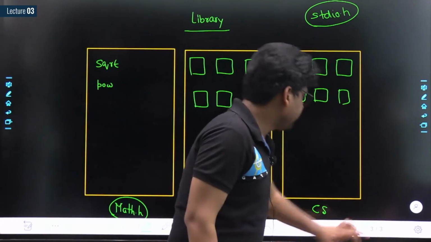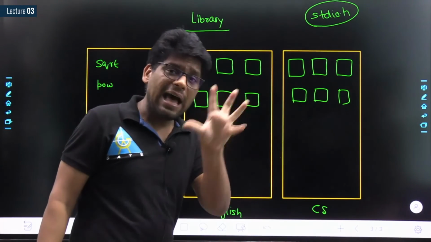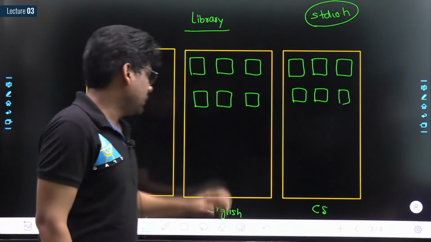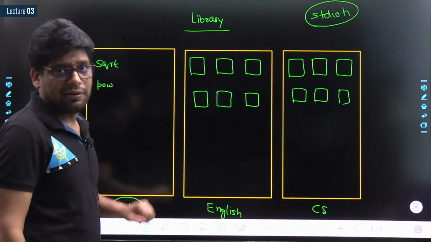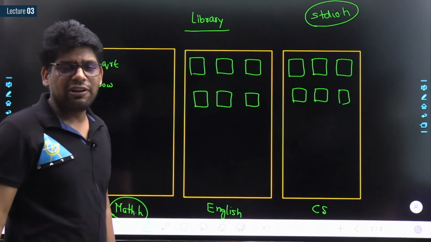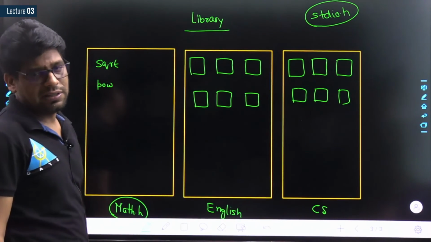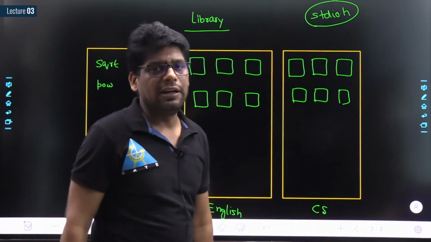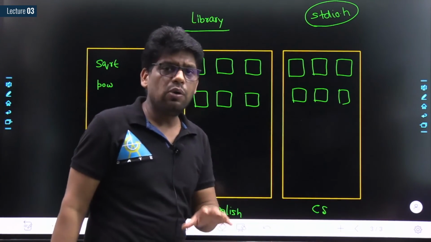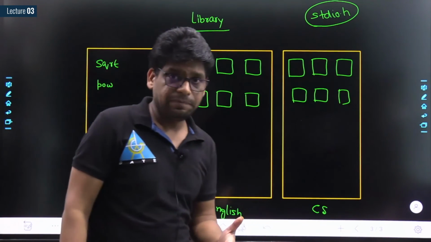Similarly, if you are using a math related function, where are the math related functions? Inside the header file math.h. What is present inside this? We will talk about that later. As of now, you are supposed to use these functions as an interface.